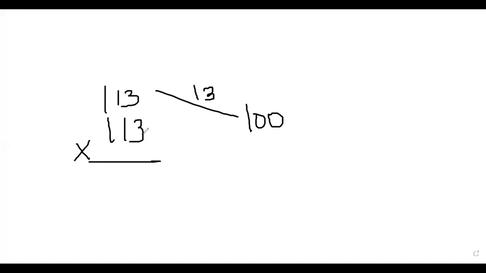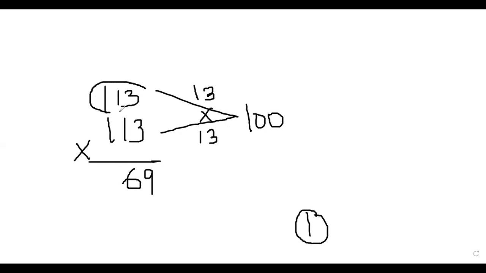The difference between 113 and this 100 is 13. Now we multiply this 13 and this 13 together. So the answer will be 169, isn't it? Yeah, 169. So only 69 will come over here, and 1 will be a remainder.